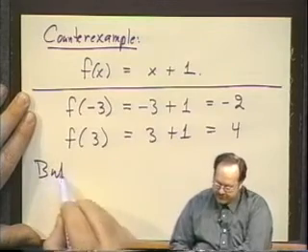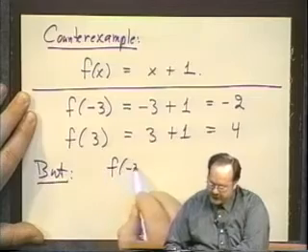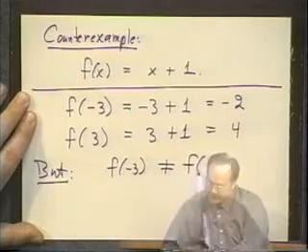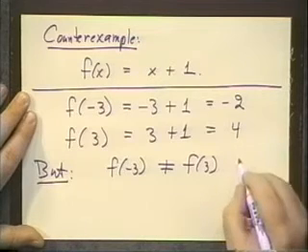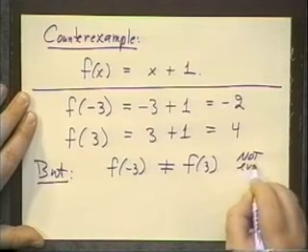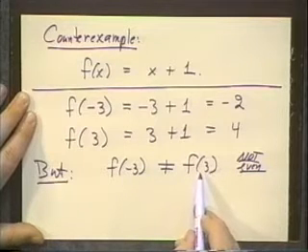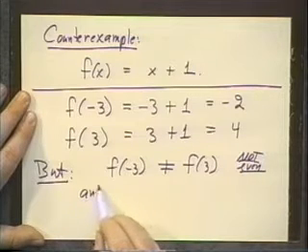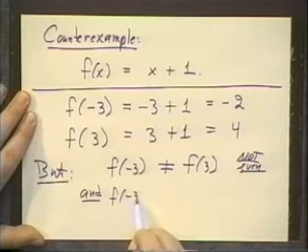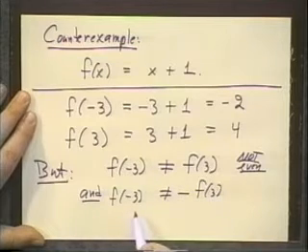But please note about these that f of minus 3 is not equal to f of 3, because minus 2 is certainly not equal to 4, so that means the function is not even, because this has to hold true if it's an even function for all numbers in the domain. Also, f of minus 3 is not equal to the negative of f of 3. Now what exactly is that?